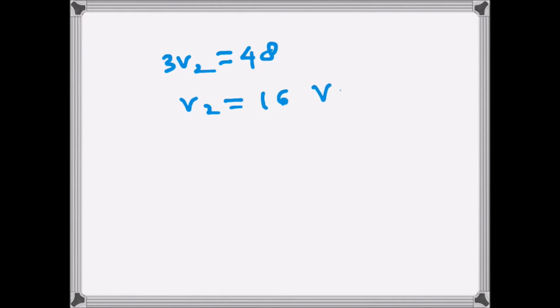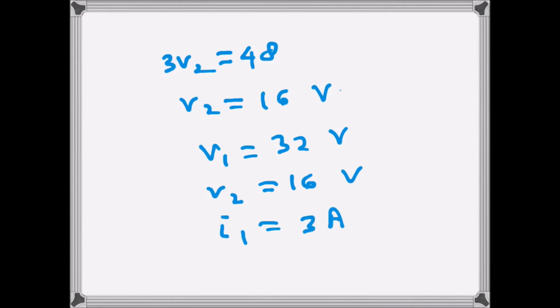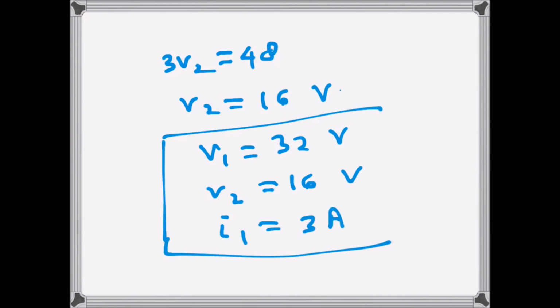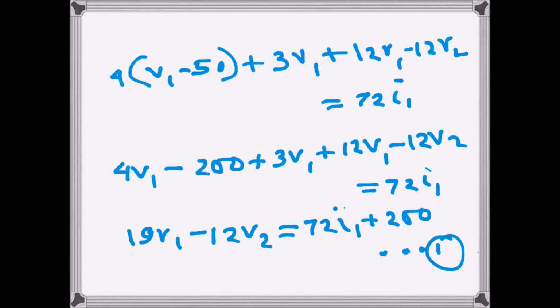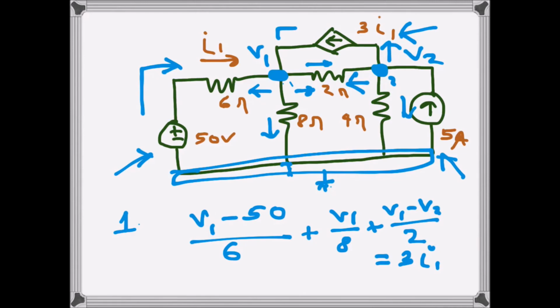So all the unknowns are known now. V1 is 32 volts, V2 is equal to 16 volts, and I1 equals 3 amps. These we know. We need to find the powers. Now when talking about powers, if the current was inwards, that means if I1 was negative, then we would say that the source is absorbing power.